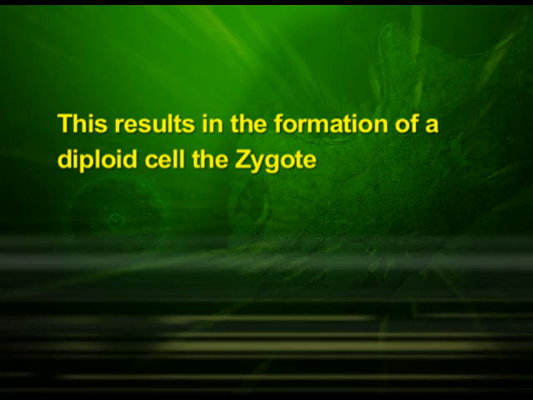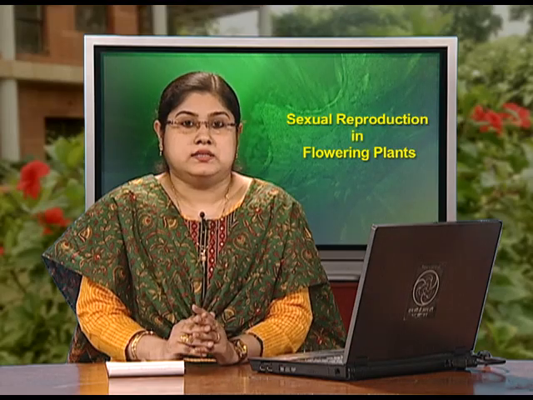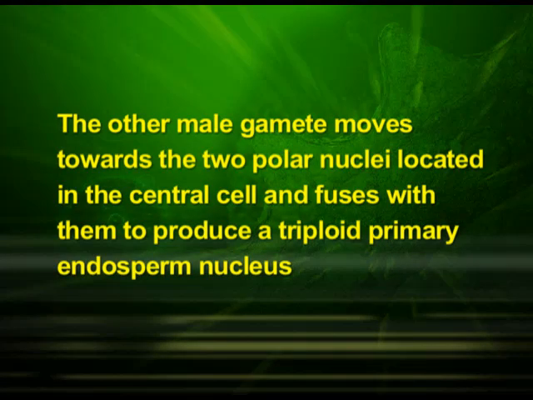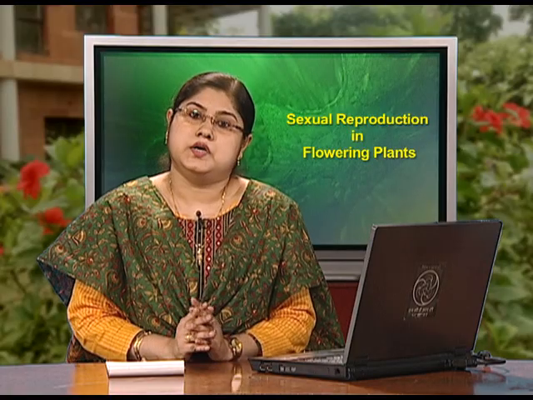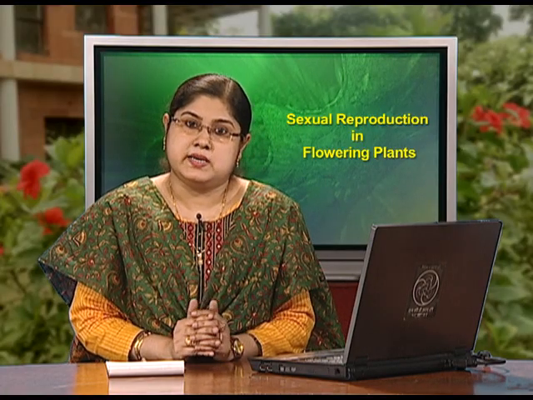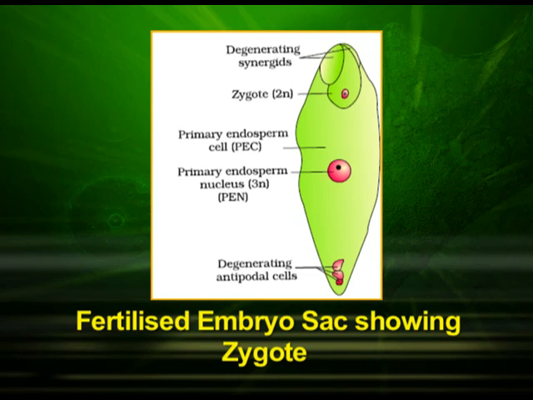This results in the formation of a diploid cell, the zygote. The other male gamete moves towards the two polar nuclei located in the central cell and fuses with them to produce a triploid primary endosperm nucleus. You can observe a fertilized embryo sac showing zygote and primary endosperm nucleus in this diagram.